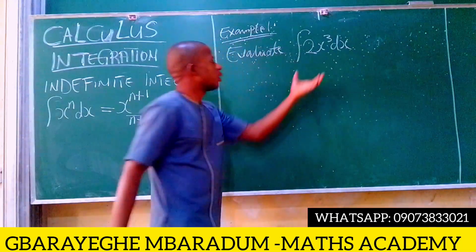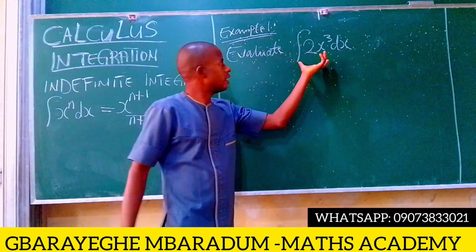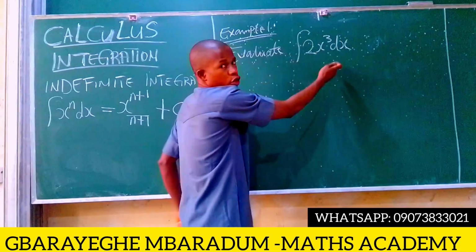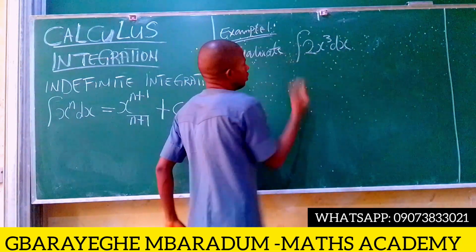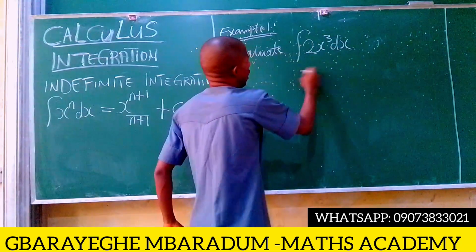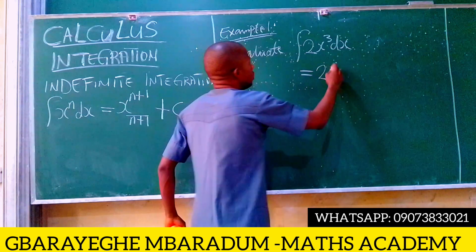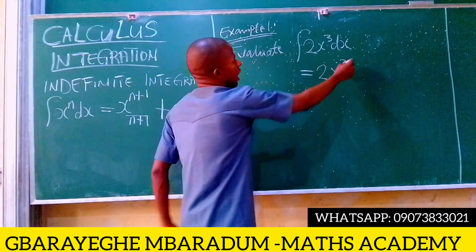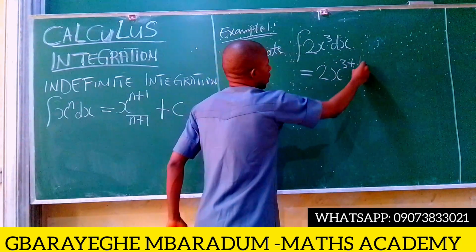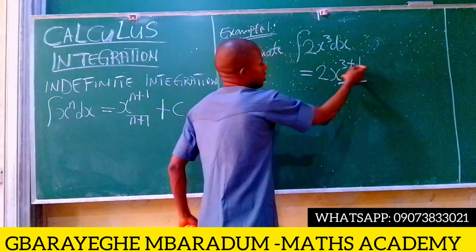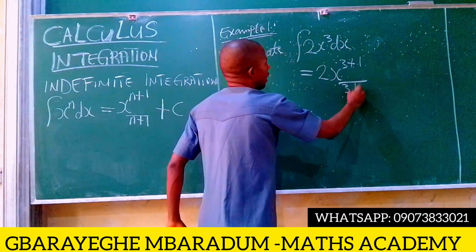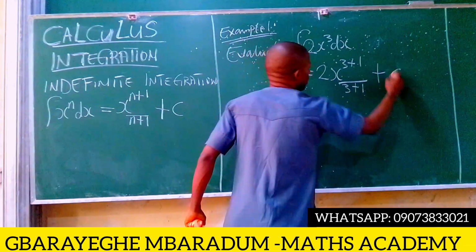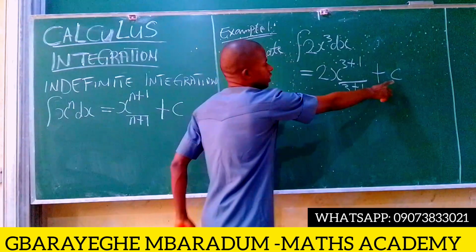For us to evaluate this kind of integral, we add to the power and also divide by the new power. So this is going to be 2x to the power of 3. In indefinite integration we are adding 1 to the power, which is plus 1, and then we bring down the same power, which is 3 here, and add 1 to it. Then we introduce a constant C, which is the constant of integration.